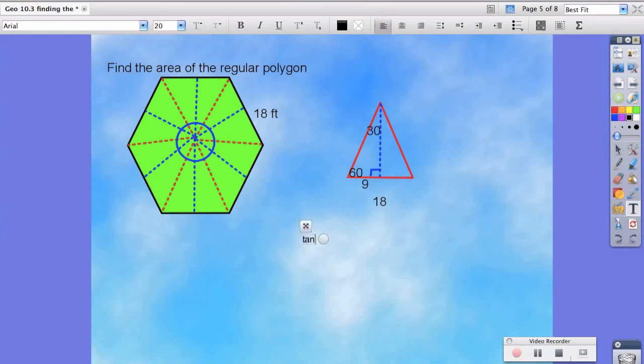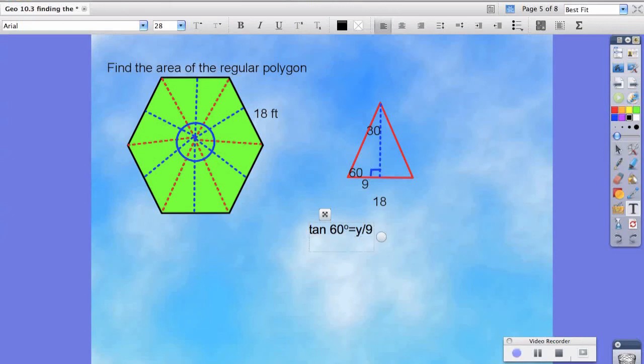You could use tan of 60 degrees equals y divided by 9, because it's opposite over adjacent.